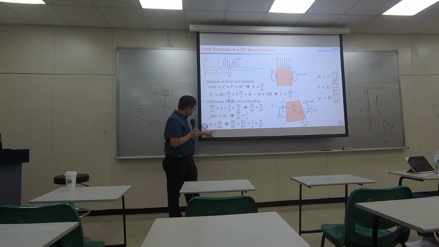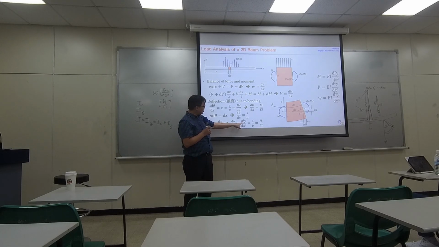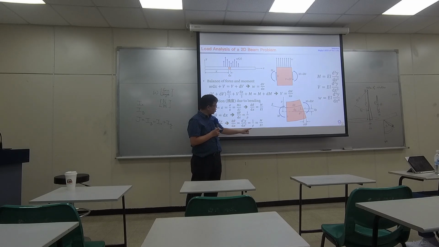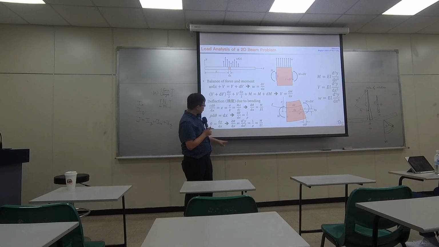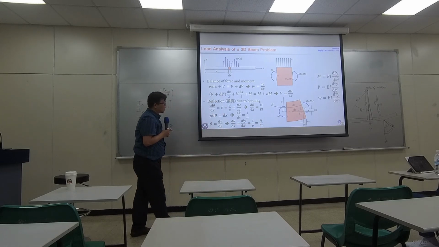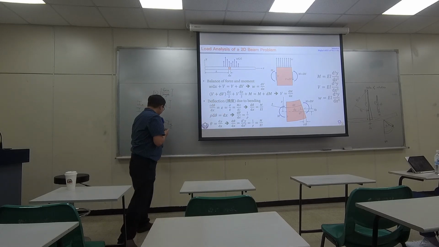Basically, we are taking derivative of this equation. So at the end, we have second order derivative of y with respect to x, and this equals 1 over rho, and also equals to the result right here, M over EI.